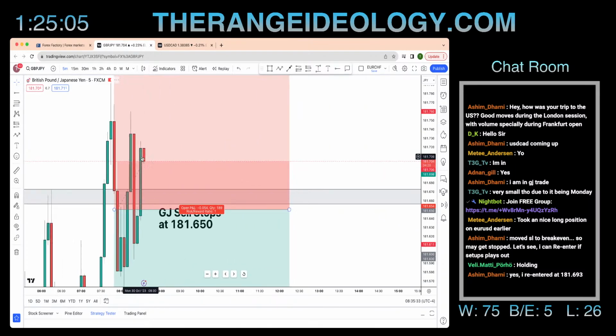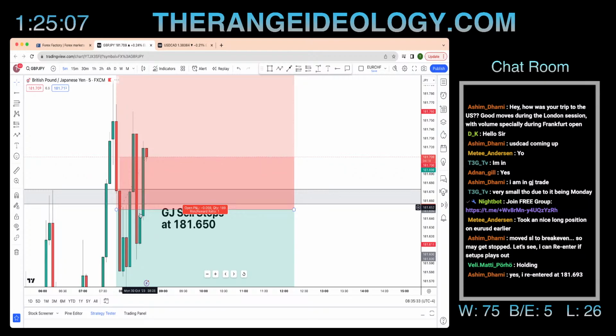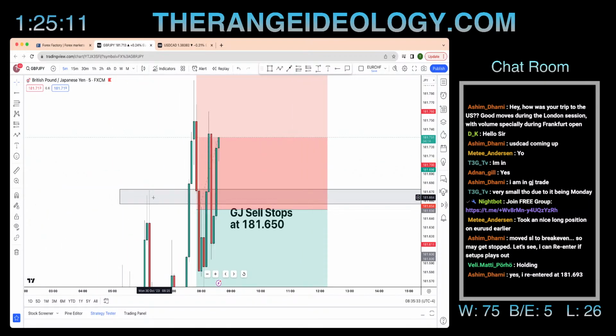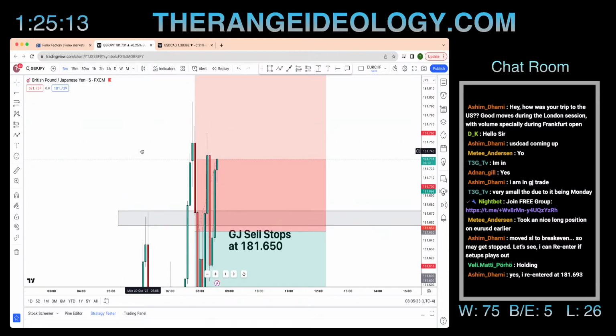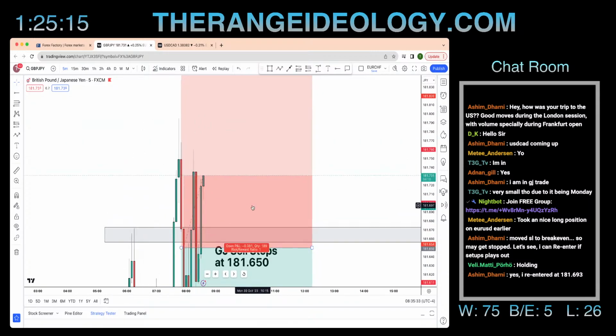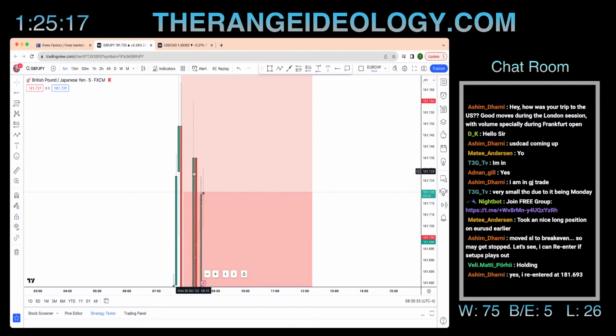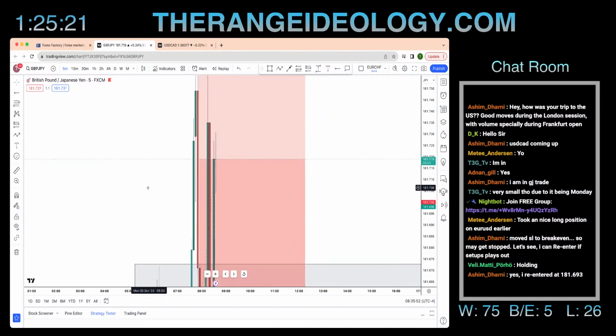All right, so GJ has no top wick on this bearish candle, and the current 5-minute candle has no top wick, but it just created that. And will this candle just come and fill up this non-wick candle here and continue to move up, or does it push down here?